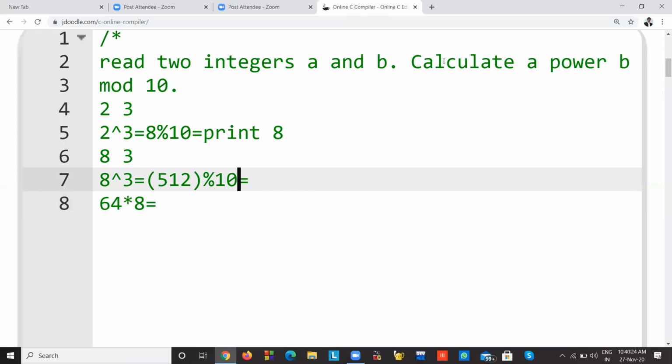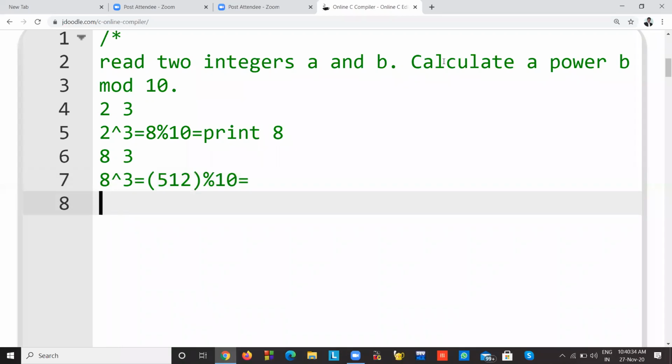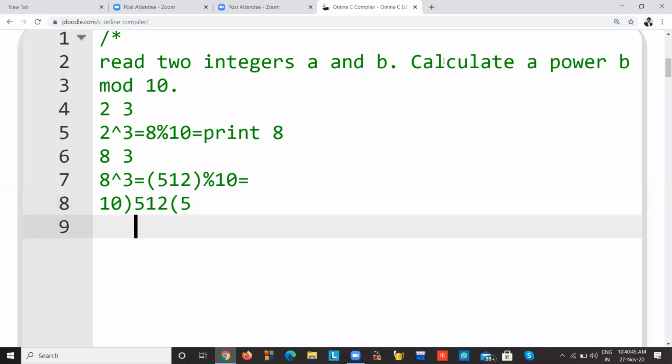Mod 10 means divide with 10, and finally we'll get a remainder. So when 512 is divided with 10, this is the way we will do it, right? So 5 5s are 50.